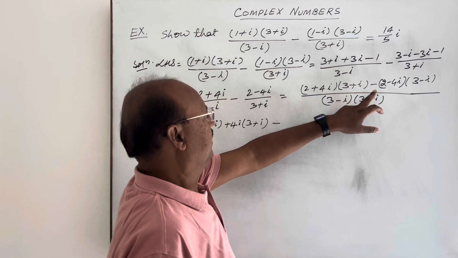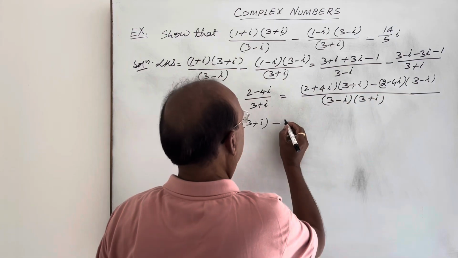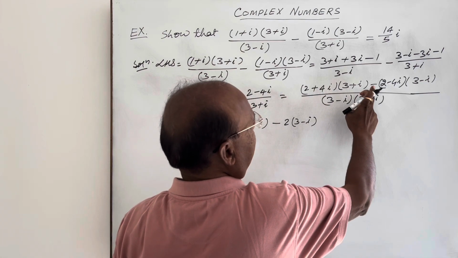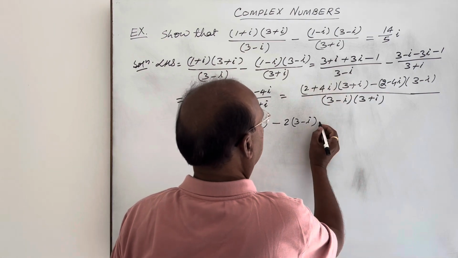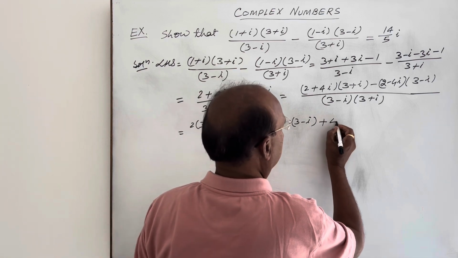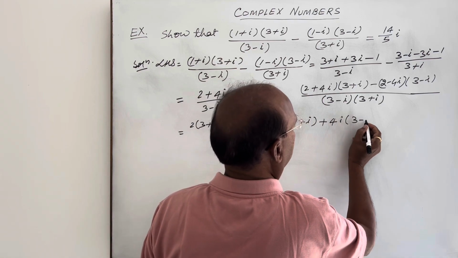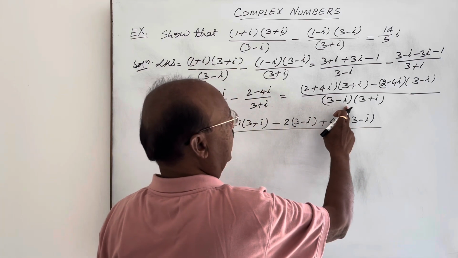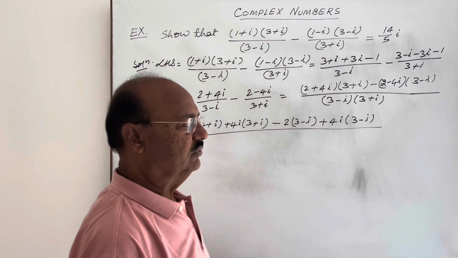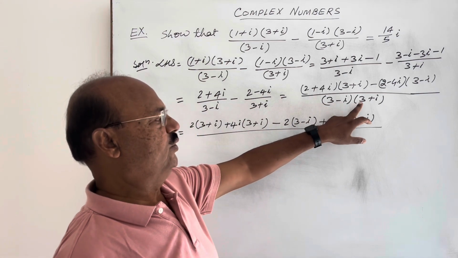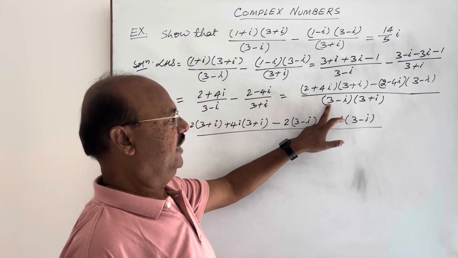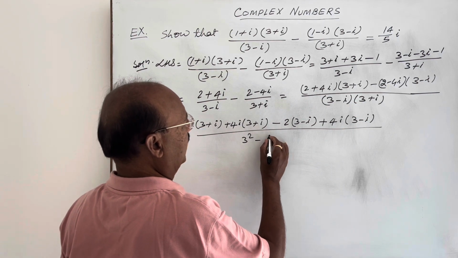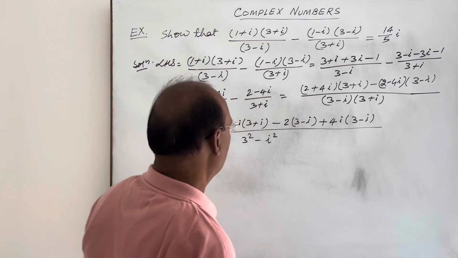Similarly here minus 2 into 3 − i, and this is minus into minus, that is plus, so plus 4i into 3 − i. And here denominator is (3 − i)(3 + i). So using the formula (a − b)(a + b) equal to a square minus b square, this is 3 square minus of i square. Now let us proceed.